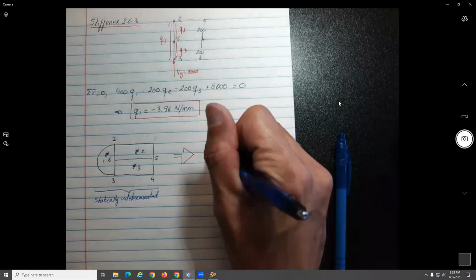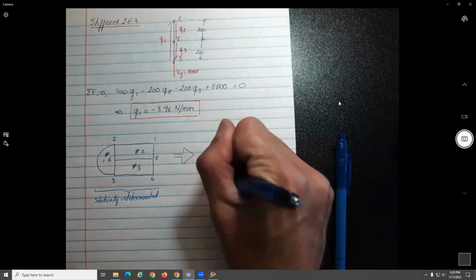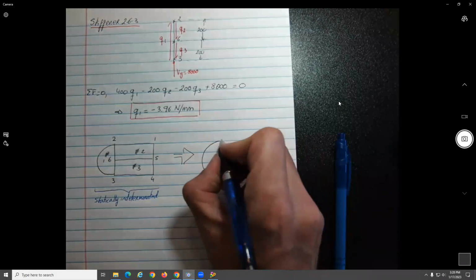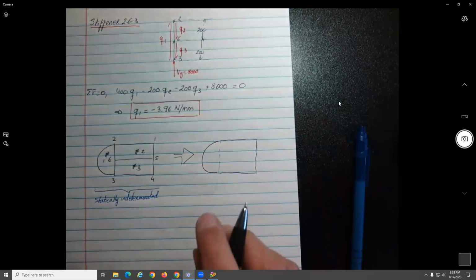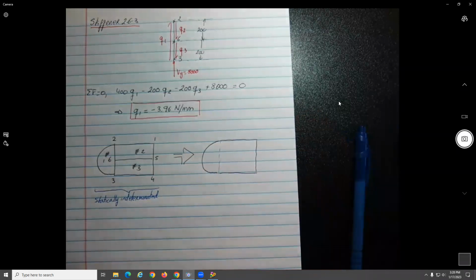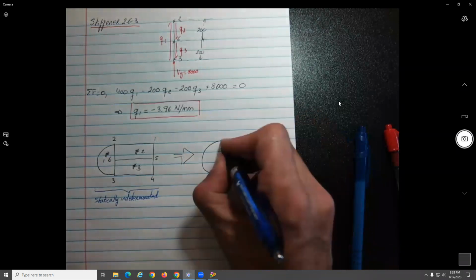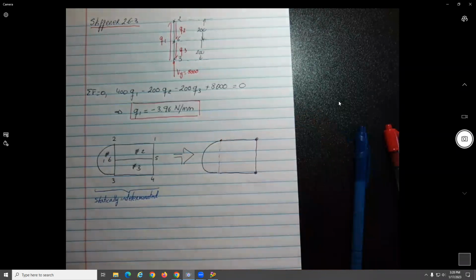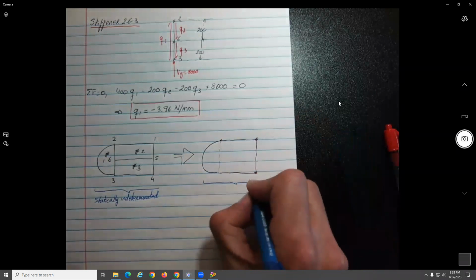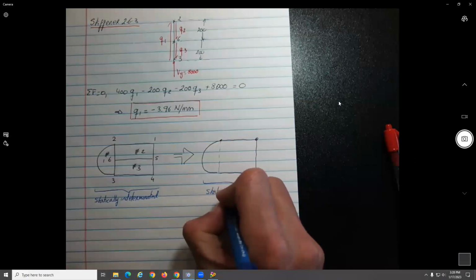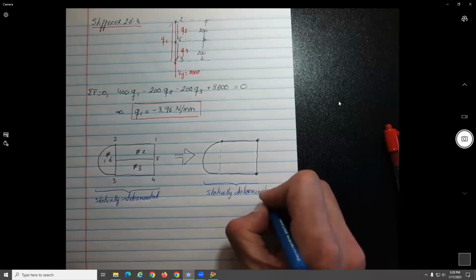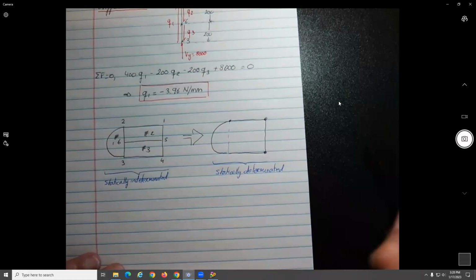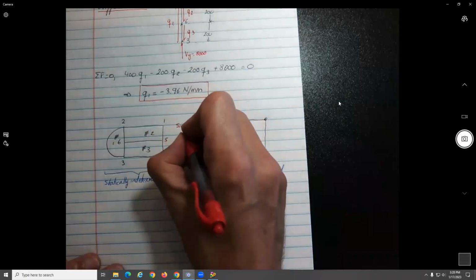Simplify it to this problem here, statically determinate. If you want to do this, this, and this, that's all we had, those three members. This would be a simplification or assumption.